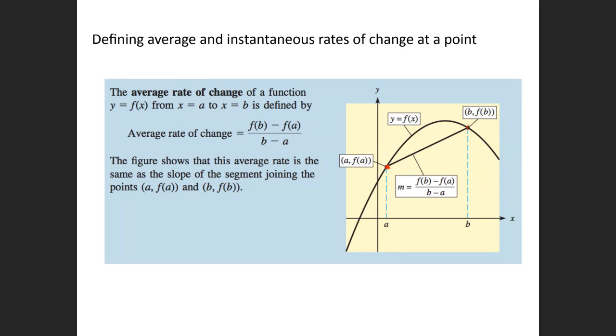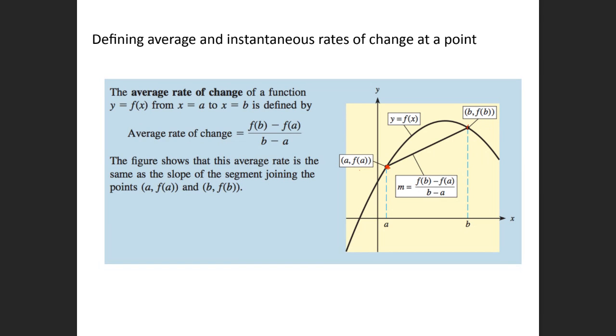And we would just use the slope formula, f of A minus f of B over A minus B. And you could do it either way, f of B minus f of A over B minus A. Makes no difference. But the average rate of change is just the slope between 2 points. That's it. That is all it is.